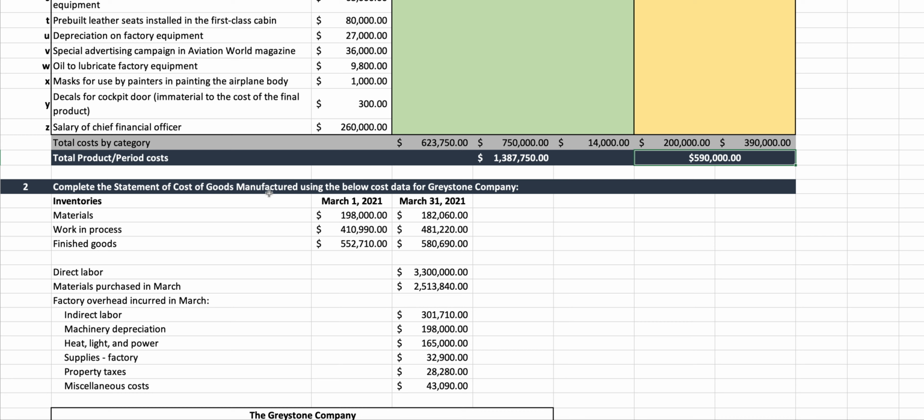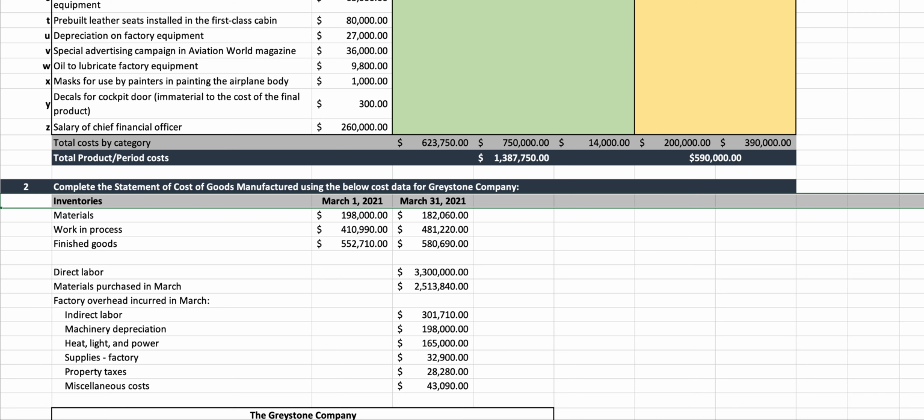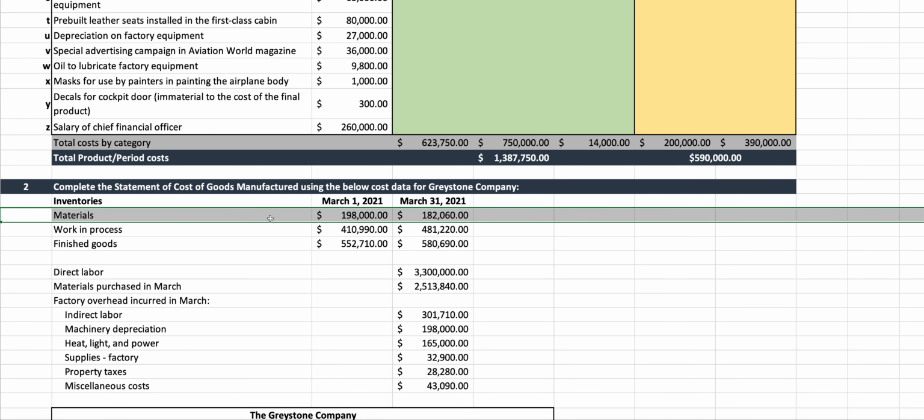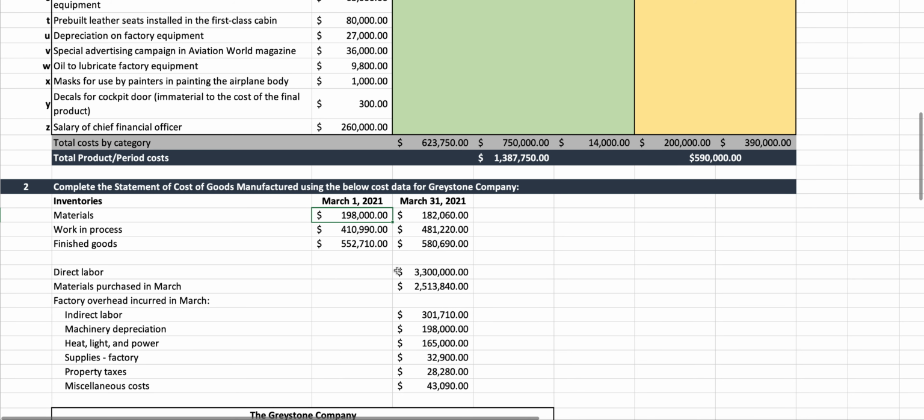So for this company, we are working with Greystone Company. We're looking at information that occurred over the course of a month. They've provided their inventory information. This is the level of materials at the beginning of March, and this is the level of materials at the end of March.